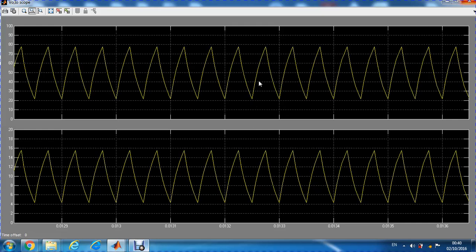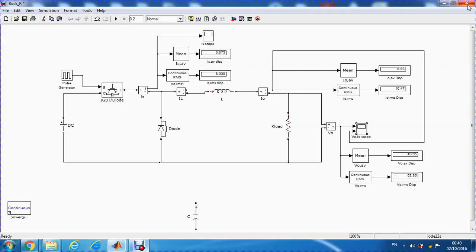And we have minimized the ripple of the voltage and the ripple of the current. As we can see here, there's a big difference from the previous one, especially in the RMS value. It's becoming closer to the average value. And also the RMS current is coming closer to the average value of the current.